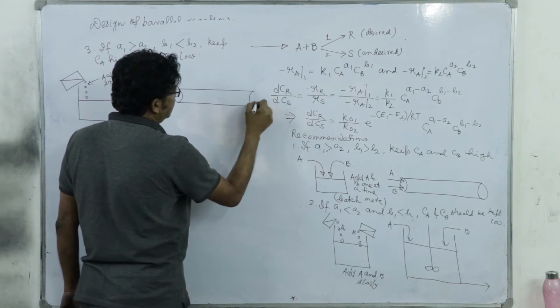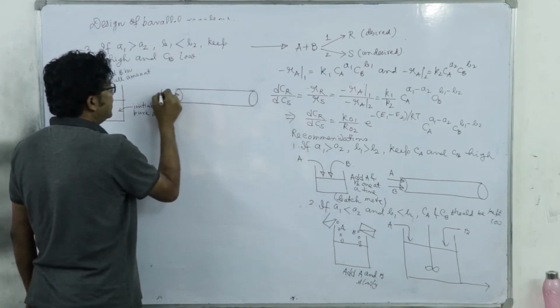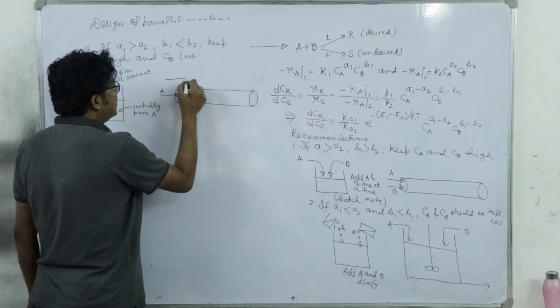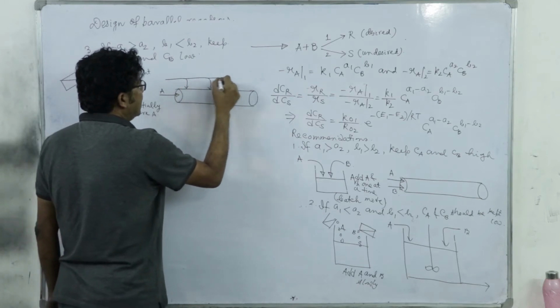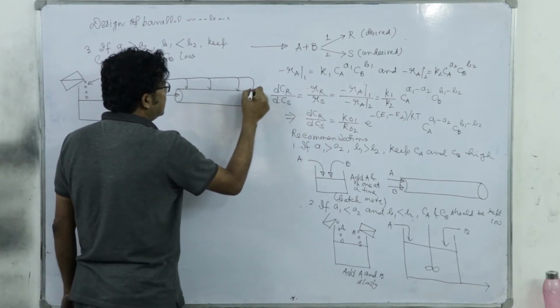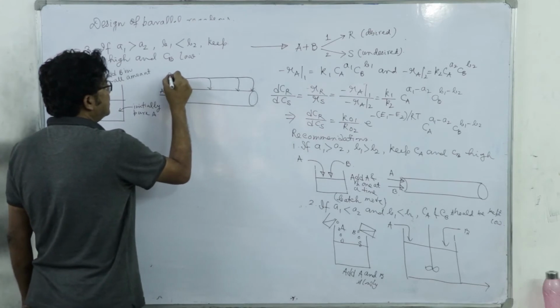Whereas in continuous mode, we should deliver A and there may be side-wise entry of B throughout the entire length of the reactor.